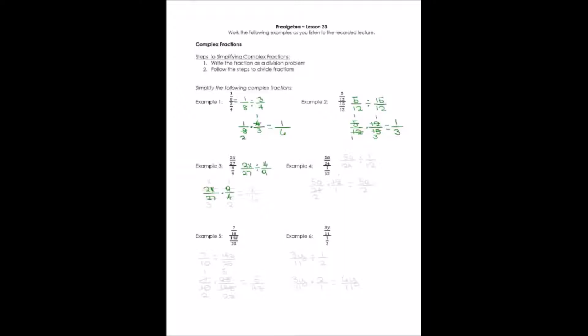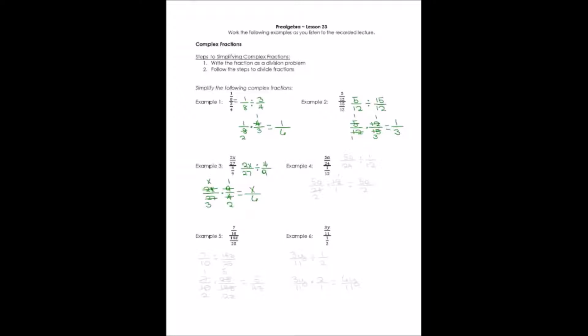And let's reduce. 2x, that's going to be just plain x, or 1x. 2 divides into both that and 4. And 27 and 9 can both be divided by 9. In my numerator, I have x times 1, which is x. In my denominator, I have 3 times 2, which is 6. If you want to write 1x up there, that's okay, but in later algebra, you're never going to see a coefficient if the coefficient is 1.